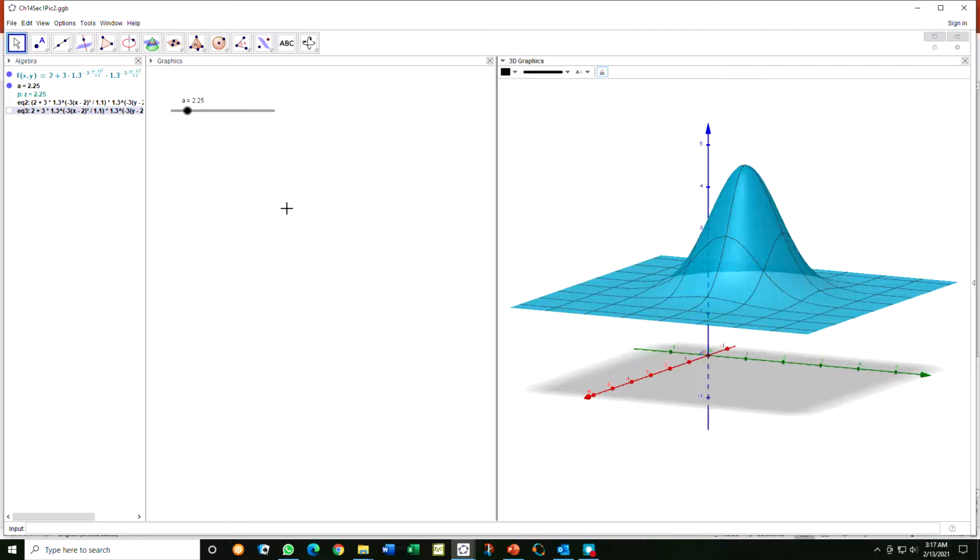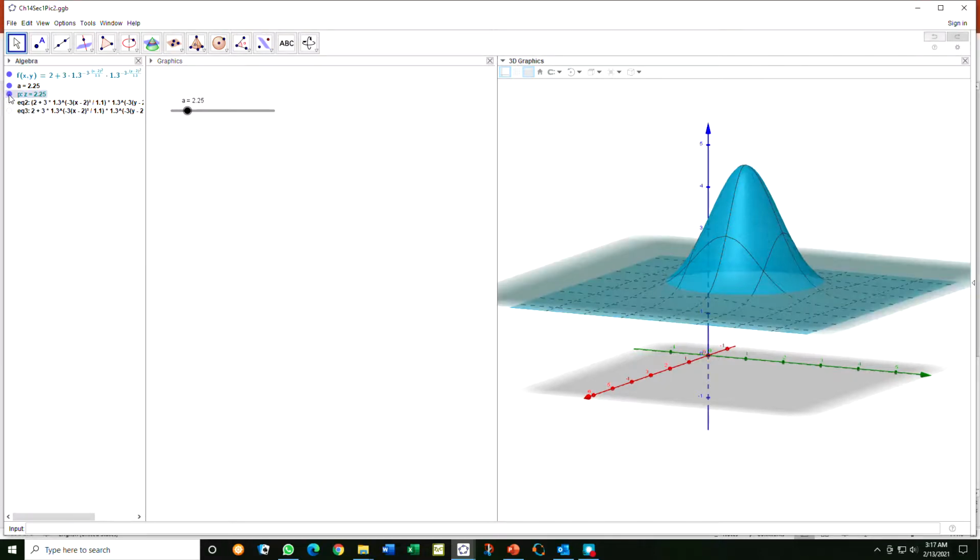Okay, so this is the surface, z equals f of x, y. All right, now check this out. How do we get these different level curves I mentioned? Oh, you take a plane at different heights. In this case, I have this plane at a height of 2.25, and we let that plane intersect this surface. How would it look?